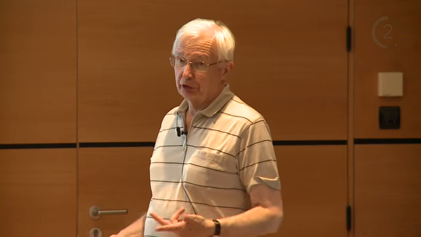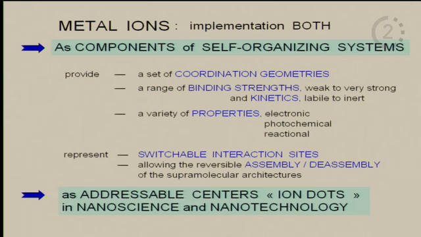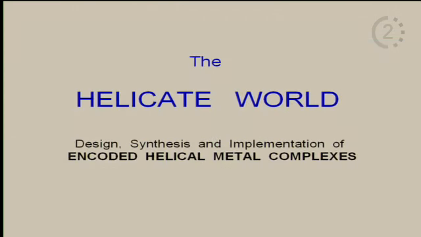Properties: you can oxidize them or reduce them. You can photochemically activate them. You can do reactions on metal ions. You can switch them, redox, take electrons away, put electrons in. And they may also be addressable. That means maybe you can talk to them, putting electrons at a given place. We'll see one example of that.